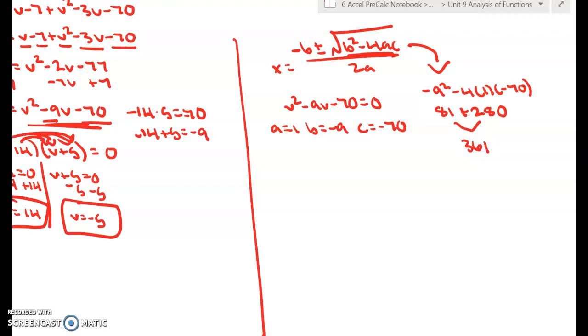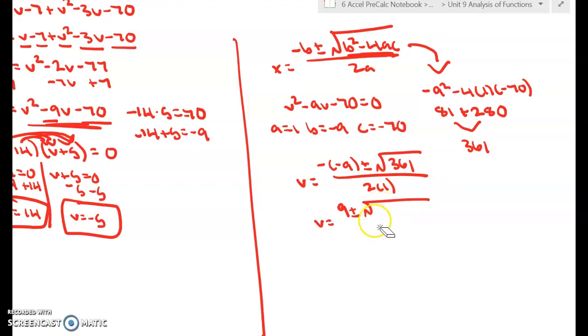Now plugging that into the main equation, v is going to be equal to negative -9 plus or minus the square root of 361, divided by 2 times 1. So we can go ahead and write the -9 as a positive 9, and then plus or minus the square root of 361, which is 19, and then 2 times 1 is 2.